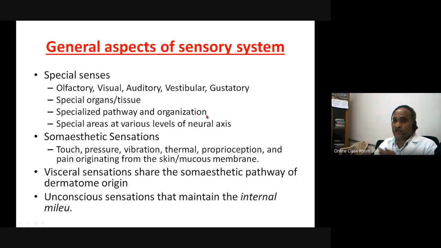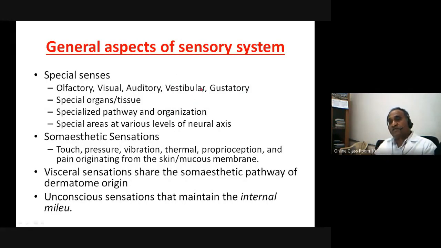The exception for this is the taste sensation. Taste sensation goes along with the sensation of the tongue, and the distribution is along with the somatosensory area, that is the generalized sensations. Then one more exception, the vestibular sensation.